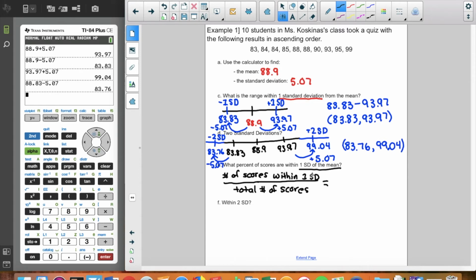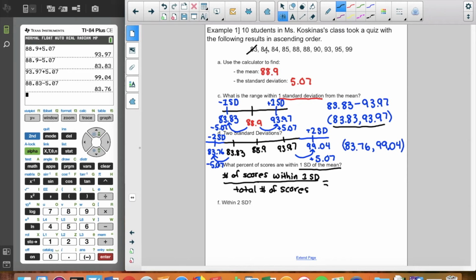Number of scores within 1 standard deviation. So this was the range of scores between 1 standard deviation. So we have to see how many of these data points are within this range. So let's look. So 83 is not in that range because this starts at 83.83.